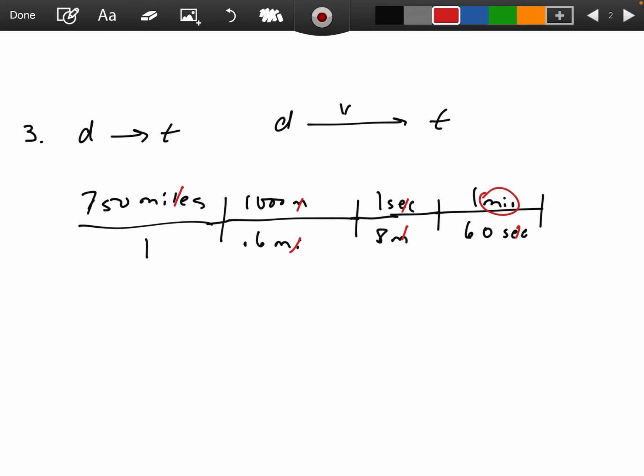So 750 times 1,000 is equal to that, and then we're going to divide by parentheses 0.6 times 8 times 60 close parentheses. 2,604.2. That would actually be 43 hours. Long trip.